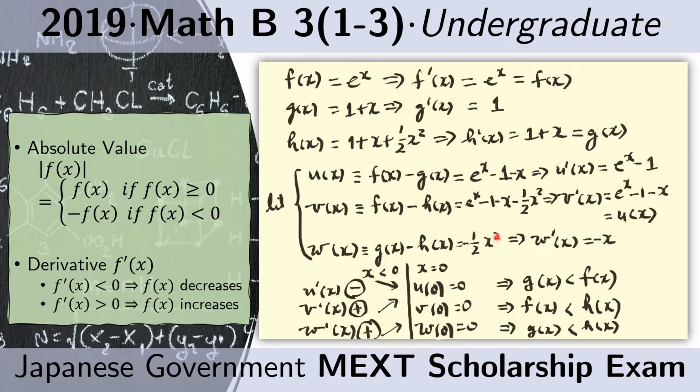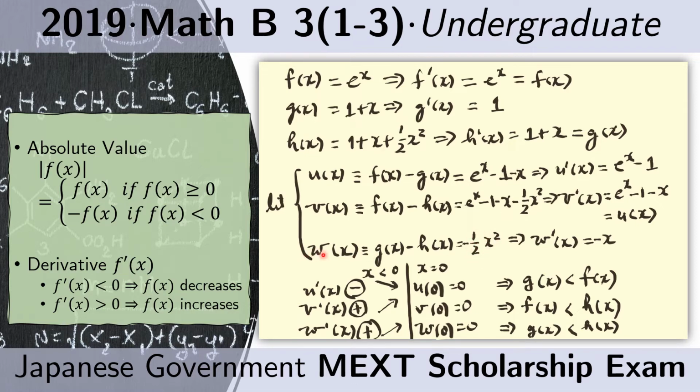The easiest case is actually w of x. We see that this is negative 1/2 x squared. Whatever your value of x is, we know that x squared could only be positive or 0. So if we multiply it with a negative number, which is negative 1/2 in this case, this entire value would always be negative.